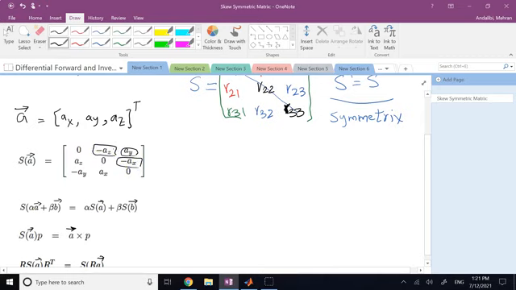So this is how you form it: negative AZ, AY, negative AX, and of course here, if you mirror it with respect to the diagonal and negate it, you will get the other elements. Correct? That's not complicated. So all you need is this arrangement at the upper triangular portion of the matrix: negative AZ, AY, negative AX. This is an operator. We call it the Skew Symmetric Matrix operator.